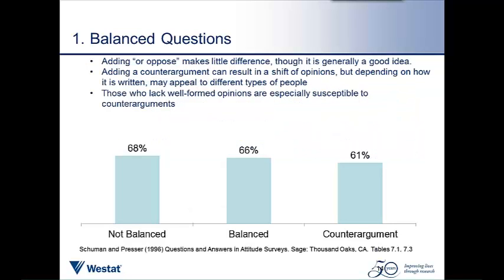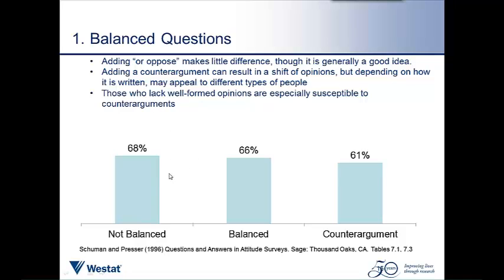What it showed was that there was very little difference between the unbalanced option and the balanced question. 68% agreed versus 66% agreeing when you presented the balanced perspective. But when they presented the counter argument, the percent agreeing dropped to 61%. So there were a number of people who decided to go with the counter argument when it was presented to them.